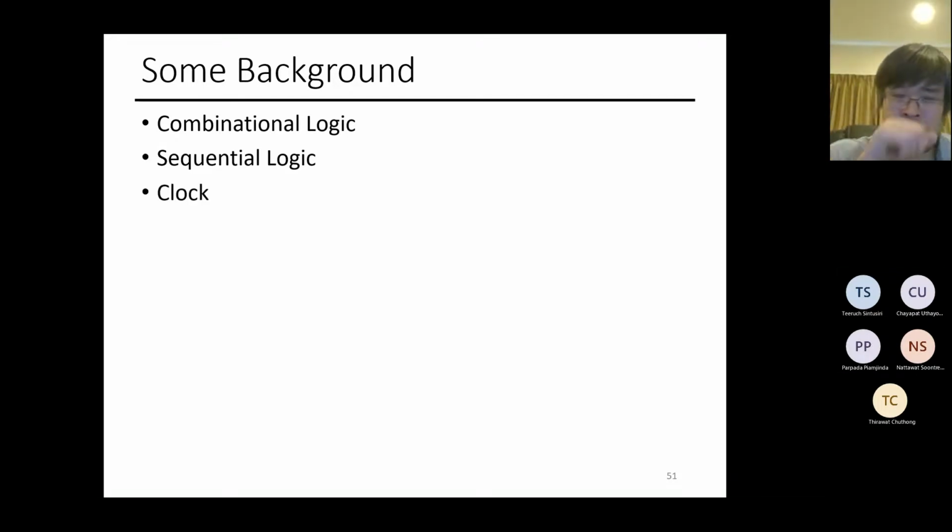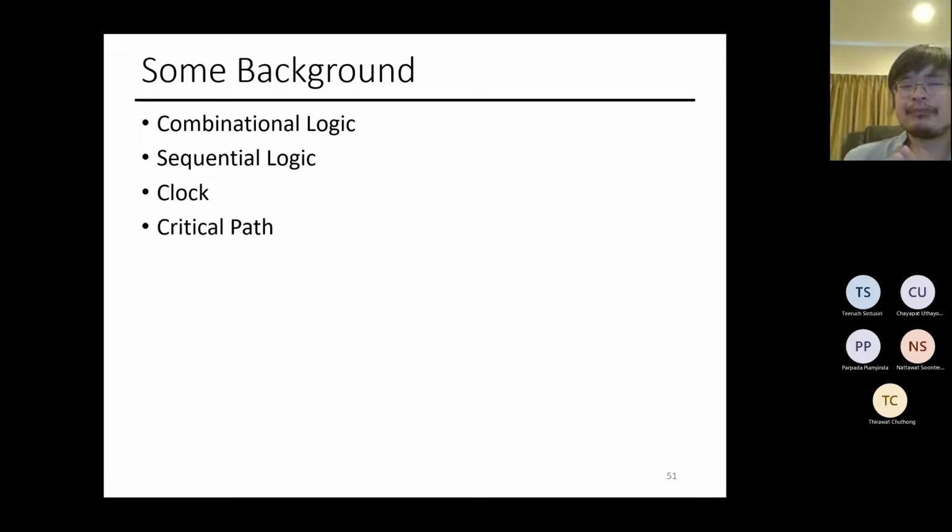Clock, I just explained. Clock is kind of like the amount of time that you need to enforce to make sure the sequential logic would operate and perform the operation, which might be based on some combinational logic, so that it changes from state 1 to state 2.